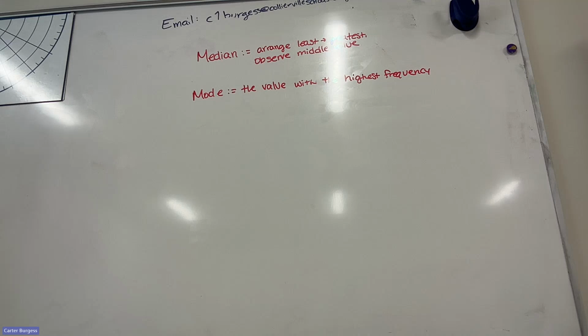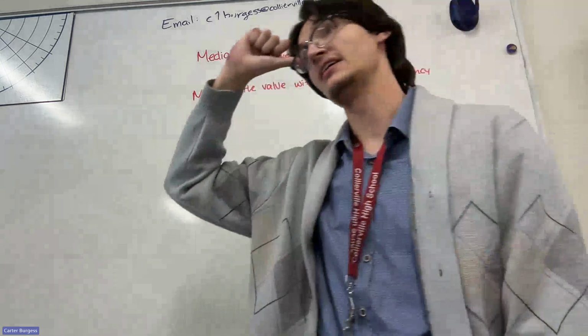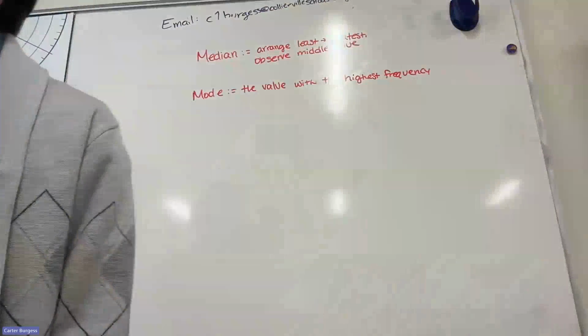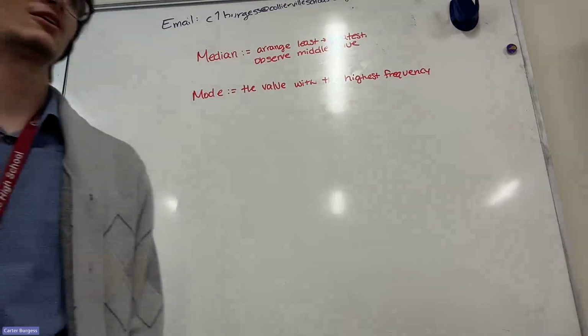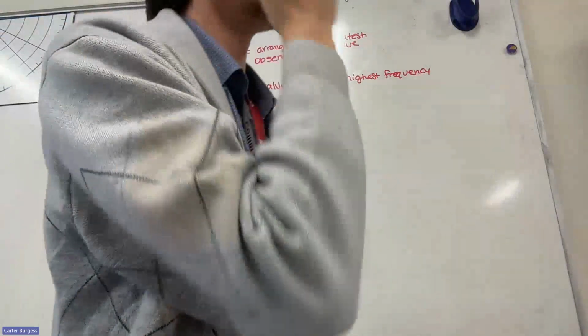Two. And multimodal is just a catch-all if we have more than that. So if there is exactly one value that is definitively the highest, then it is unimodal. If there are two values that are tied, bimodal. If there are three or more values that are tied, multimodal.